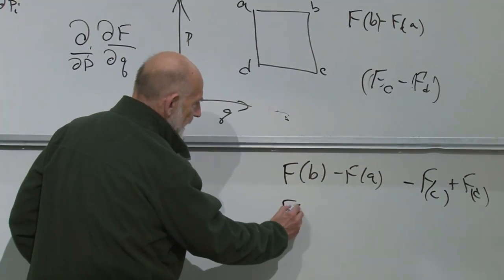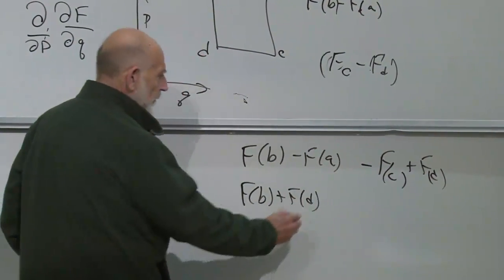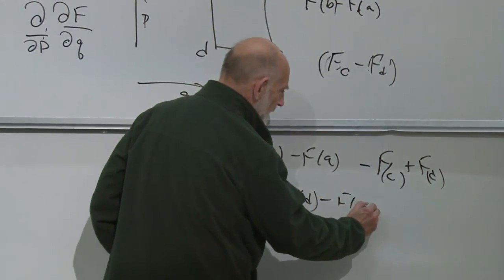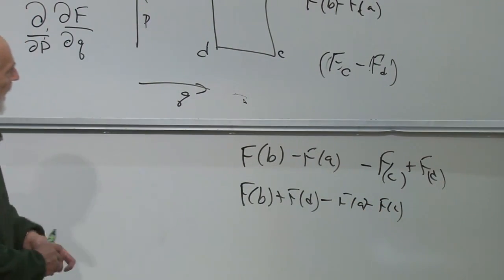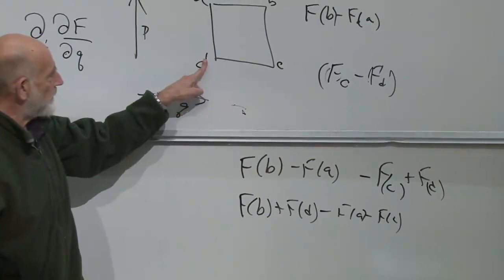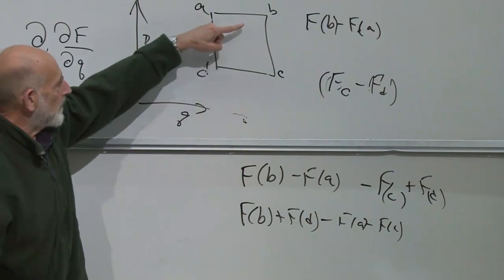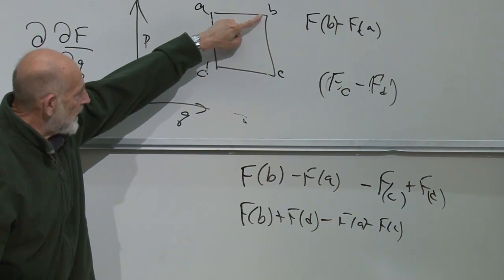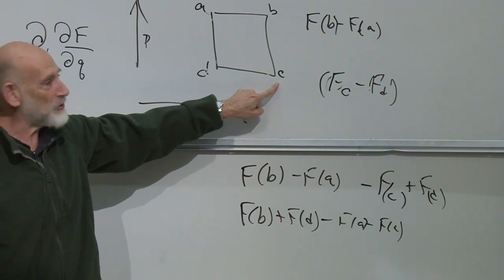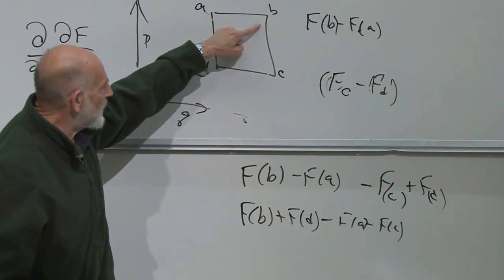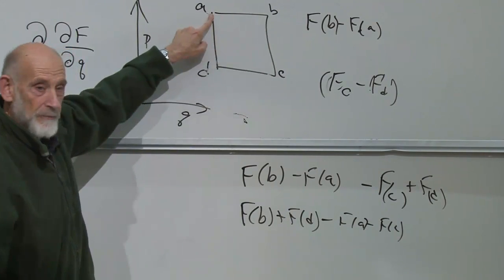It's f of B plus f of D minus f of A minus f of C. But that's neat. Look what it says. It's this one plus this one minus this one minus this one. That's what the second derivative is.